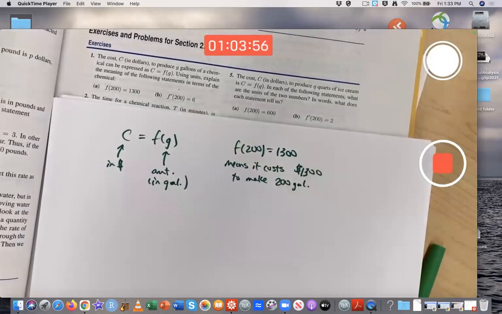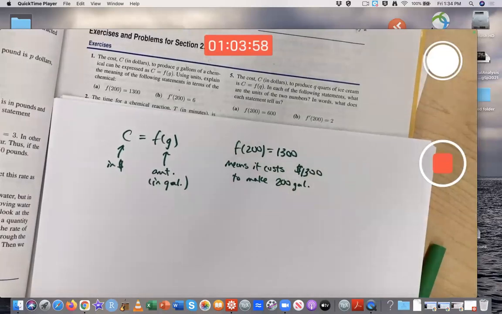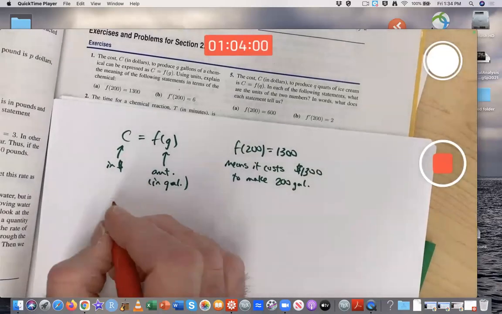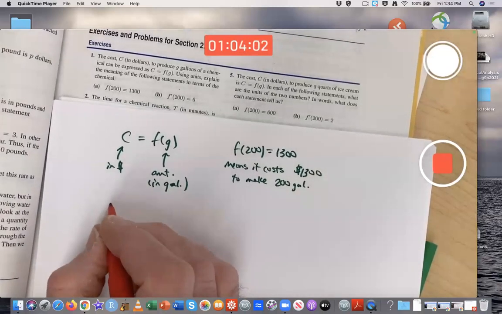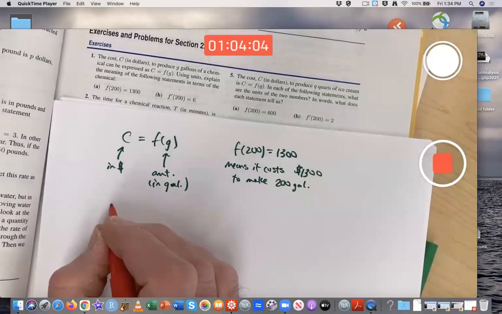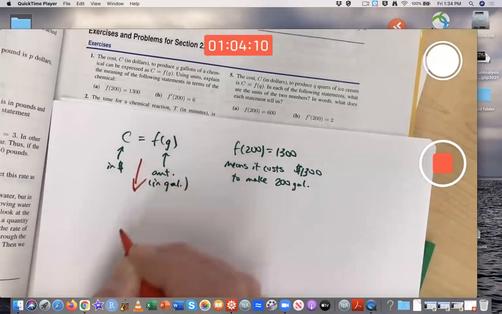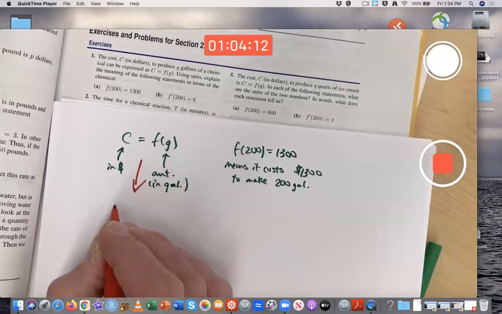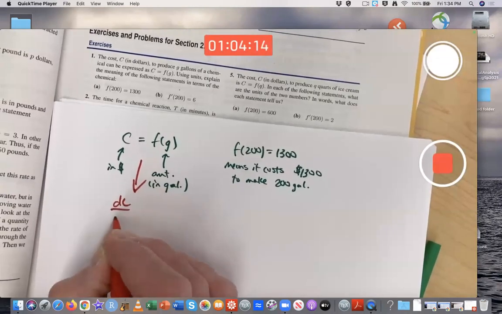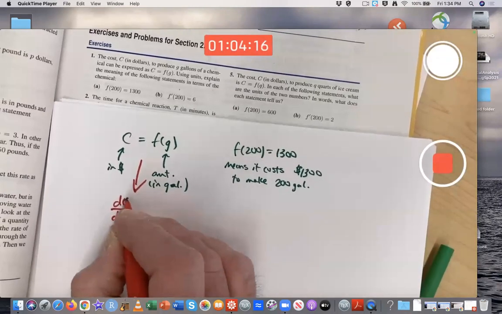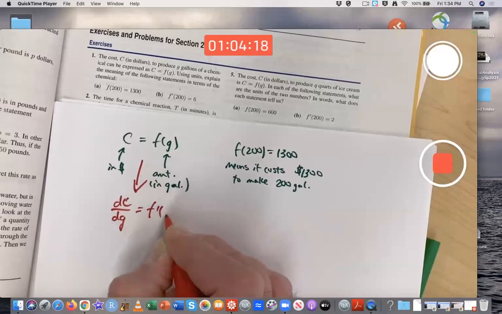What about the derivative statement? It's helpful to think about the derivative statement with the Leibniz notation as well. In general, if C equals f of g, that means dC dG equals f prime of g.